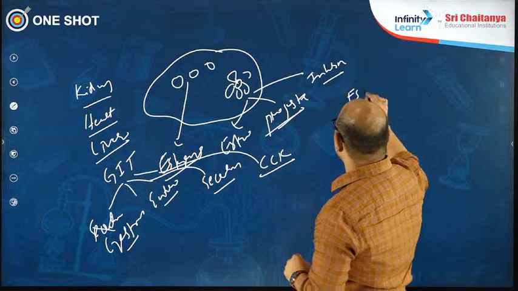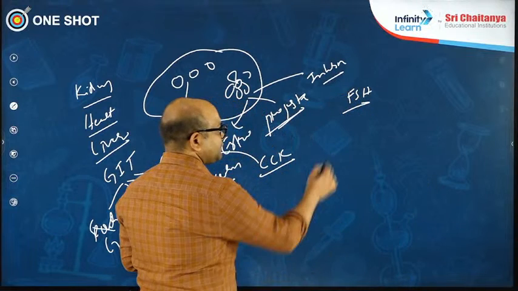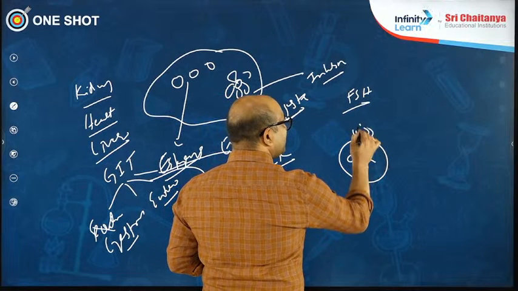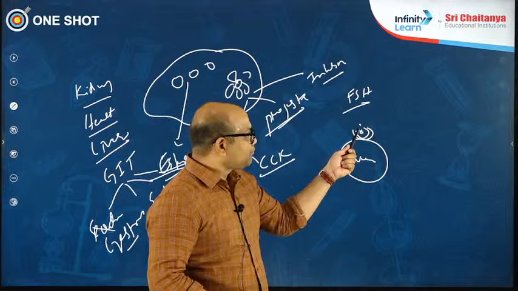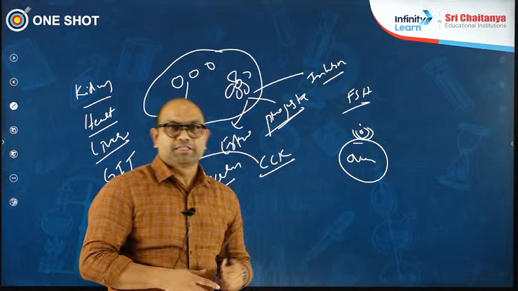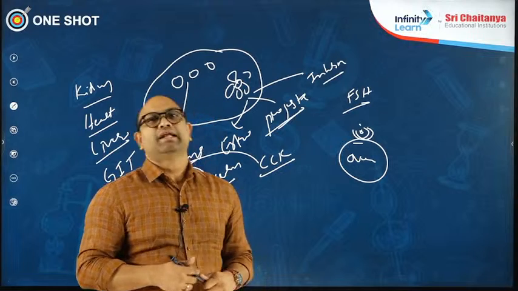FSH is the example for a water soluble hormone. The FSH target cell is the ovarian cell. When FSH binds to the surface receptor of the ovarian cell, that hormone receptor complex initiates response 1 inside the cell. That response 1 is the activation of certain enzymes involved in the formation of secondary messengers.